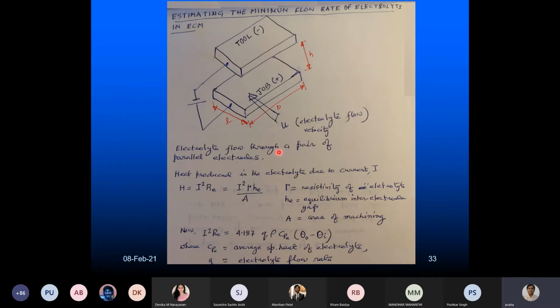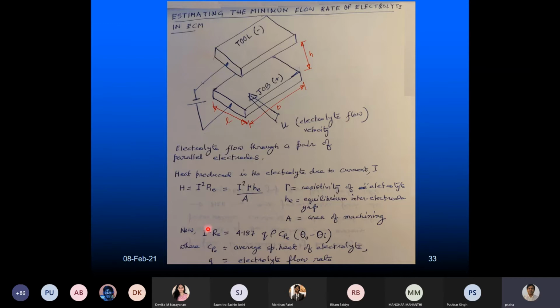HE is the gap at which the machining rate attains stability and continues to machine at the same rate, maintaining the same gap. So the resistance of the electrolyte is gamma into HE divided by A, where A is the area of machining.